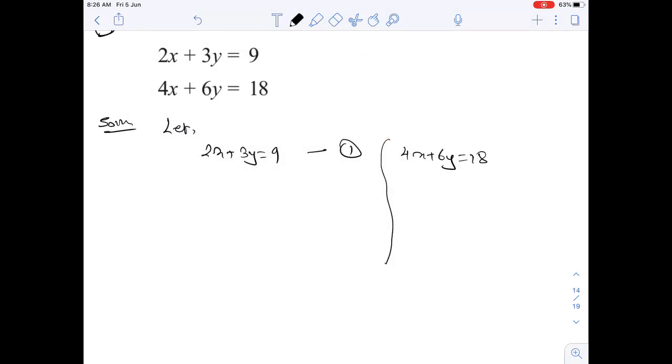Each one of them is divisible by 2, so we can write it as 2x plus 3y equals 9. Let this be our equation number 2. Now here it can be seen that our equation number 1 and equation number 2 are the same equation. So whenever both the equations are the same, there are possibilities that we will get such an answer where LHS will be equal to RHS. So let us proceed further.